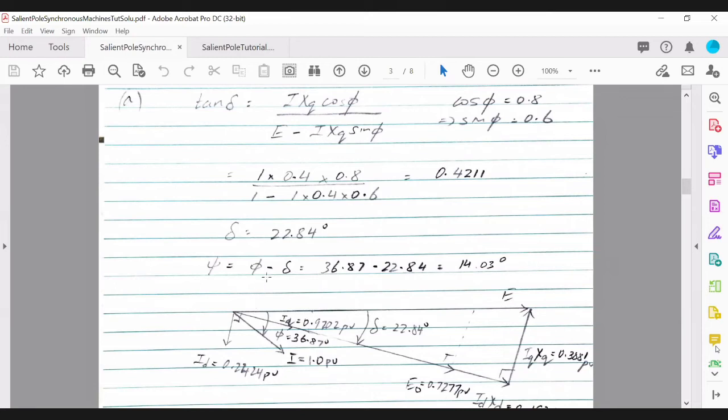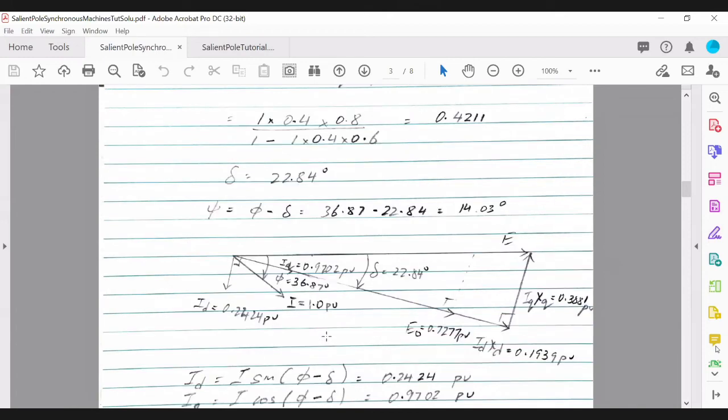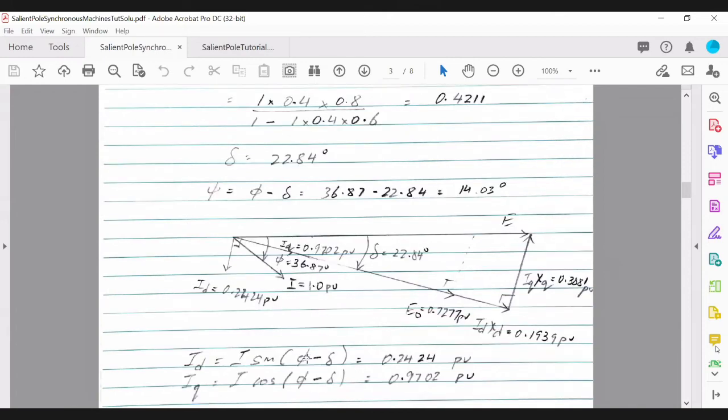Basically we use phi and delta and get the difference, and that angle, we're going to use to basically determine the two currents ID and IQ. Okay, so remember that IQ will be along your induced voltage and ID is perpendicular to IQ. So using those two angles, we can determine ID and IQ, as shown here.